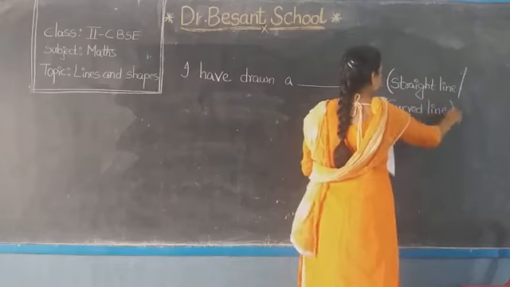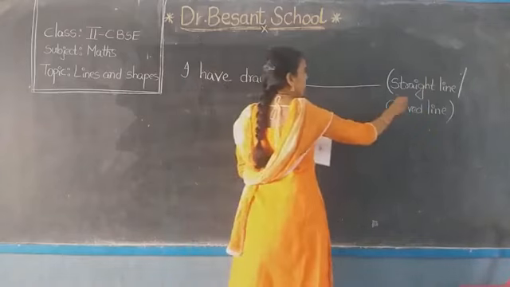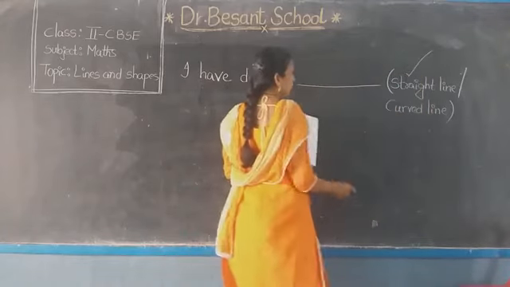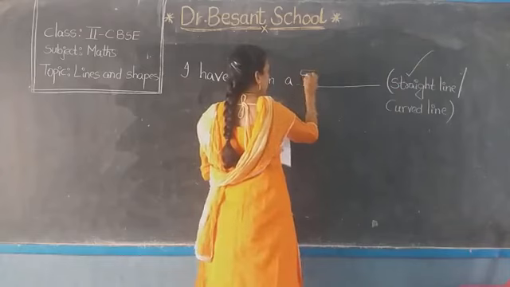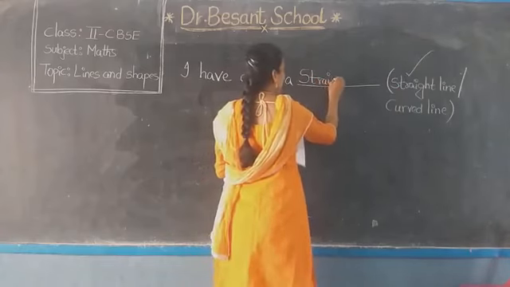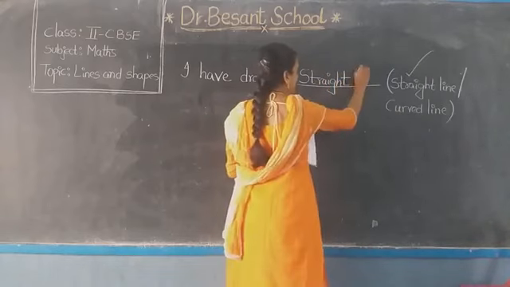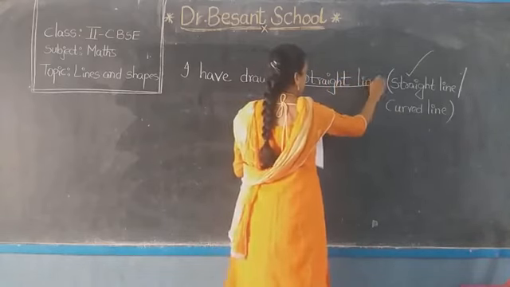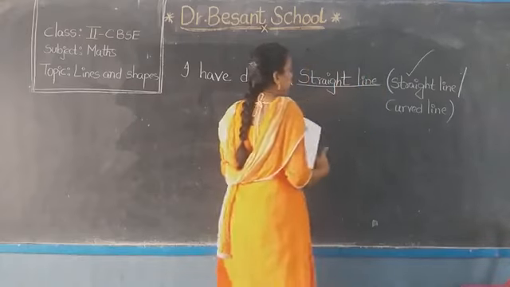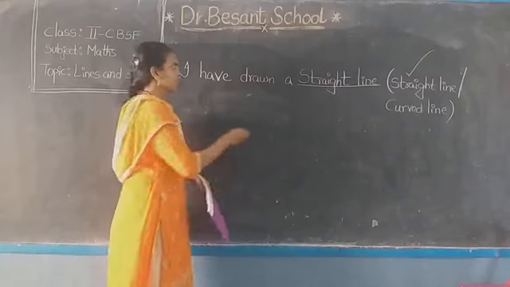Which line have we formed? Yes, it is a straight line. So put a tick mark on straight line and write in the blank given: straight. S-T-R-A-I-G-H-T. Straight line.